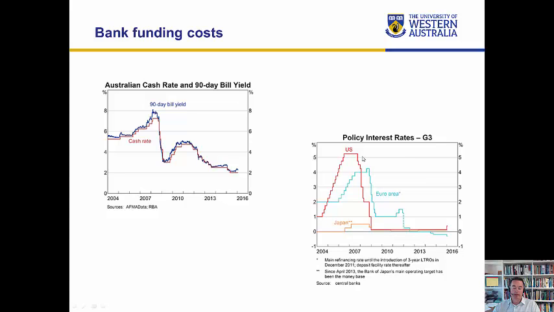When they were coming down in the United States around 2007, 2008, they were flat in the Euro area. What you're looking at with the policy interest rates are the one-day interest rate, the equivalent of the cash rate in Australia. So these things do move quite independently.